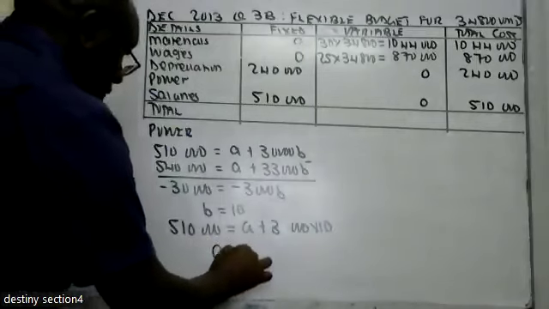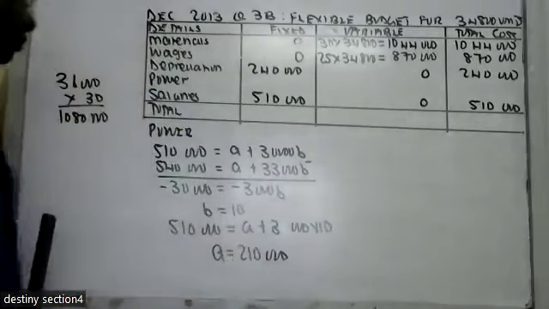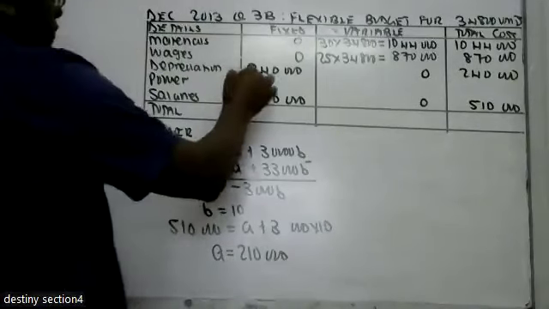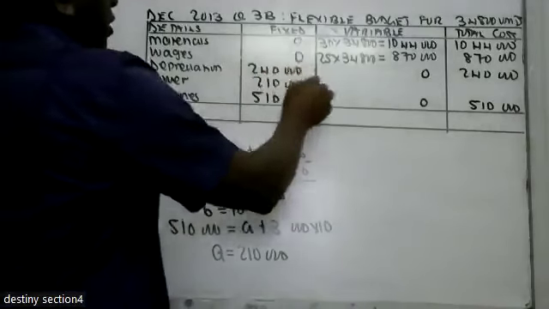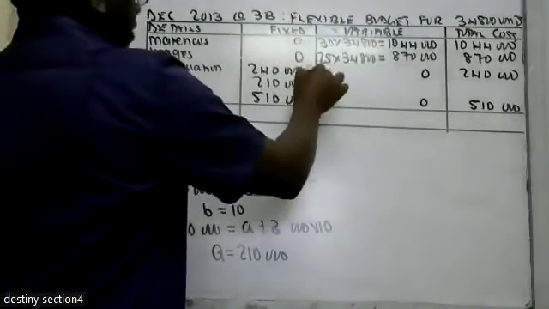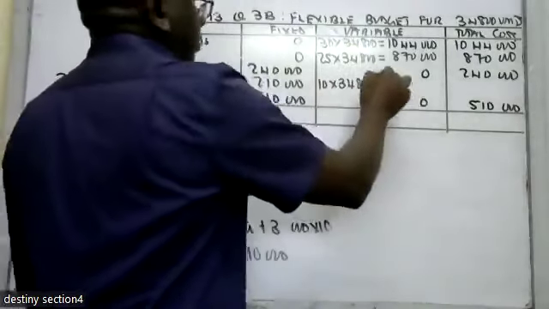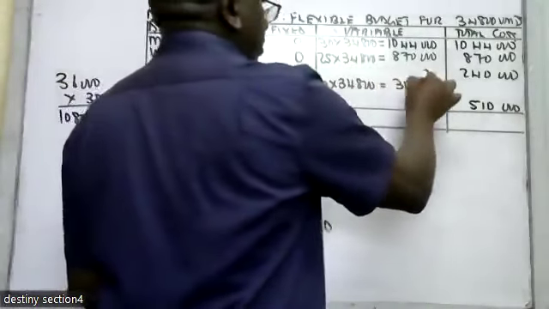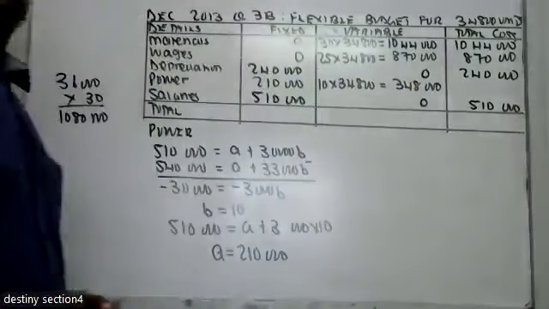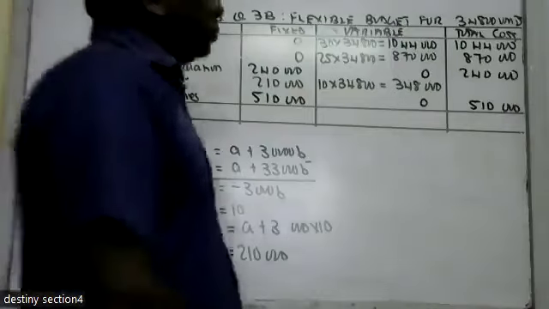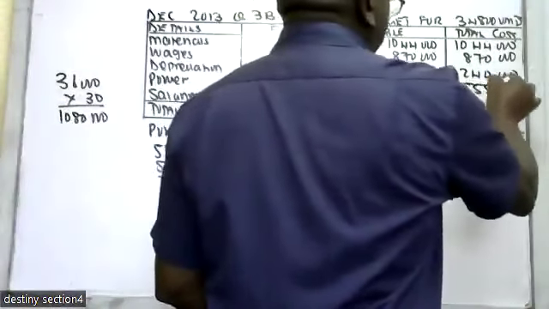So is it 210? So sasa hapa power, the fixed is 210. Na the variable sasa itakuwa 10 times 34,800. So this will be 348,000. 558,000.